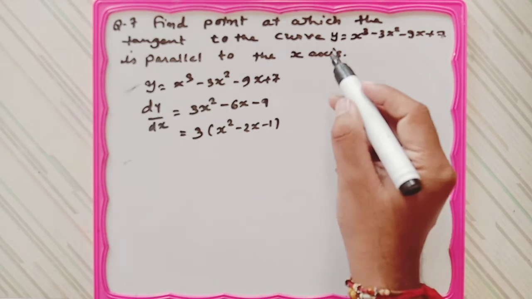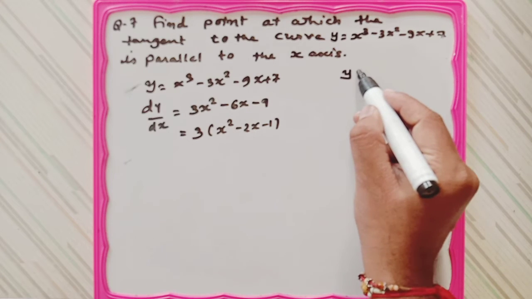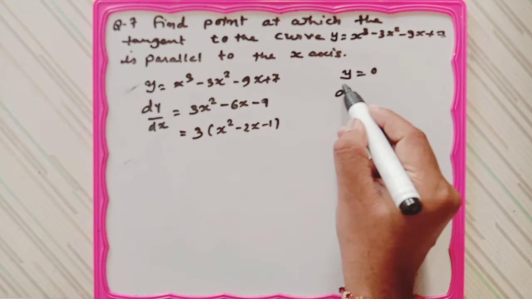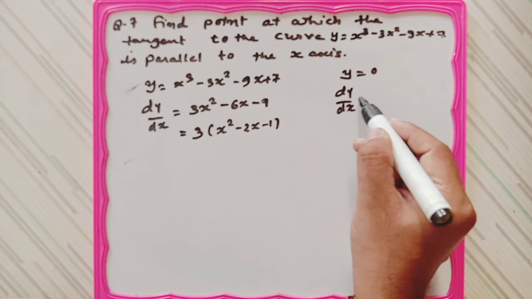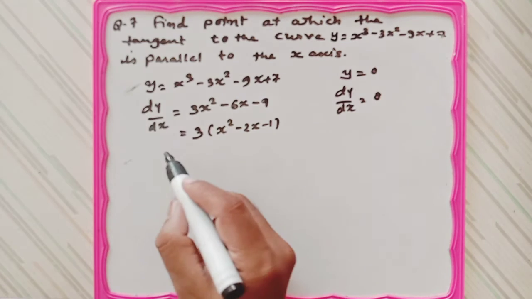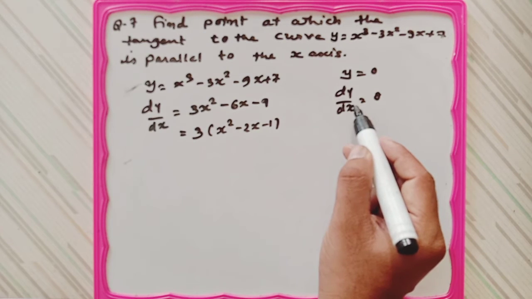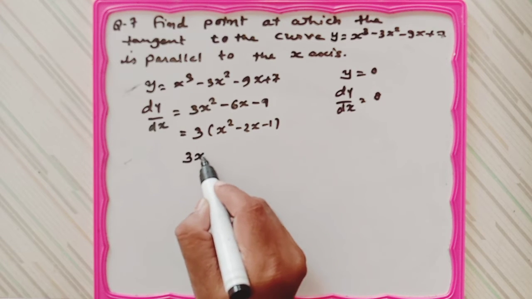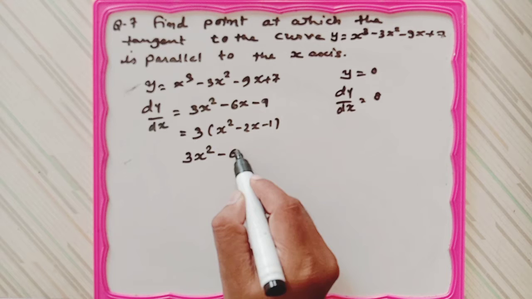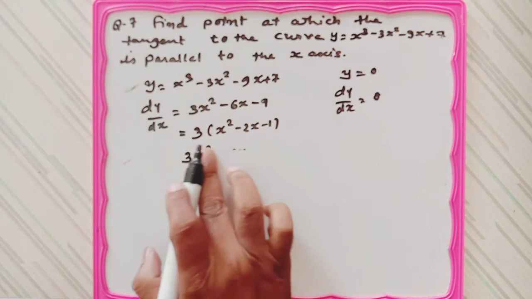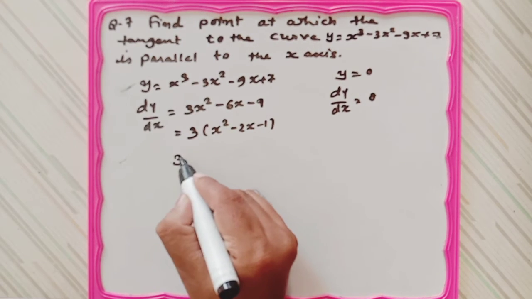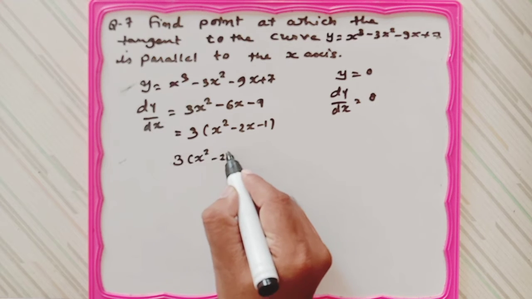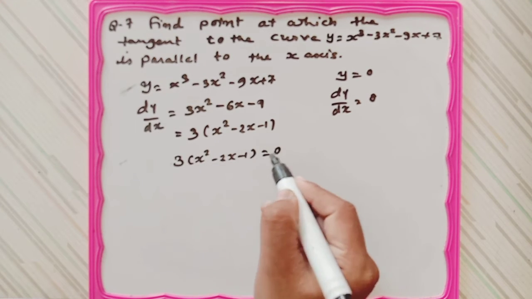And the x-axis equation we know is y equals 0, so its differentiation with respect to x, dy by dx equals 0. Now the tangent is parallel to the x-axis, and so we have equal slopes, and so we can write 3x square minus 6x minus 3 into x square minus 2x minus 1 equals 0.